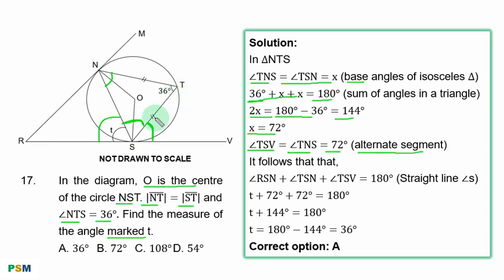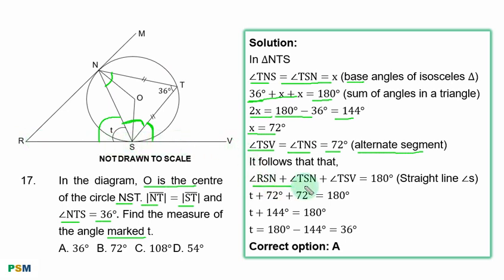Angle TSV is formed between a tangent and a chord, and as such it is equal to the angle in the alternate segment. So you add the three angles on line SV.